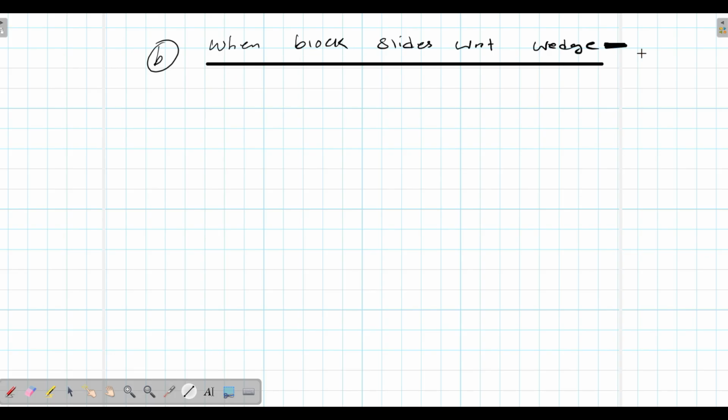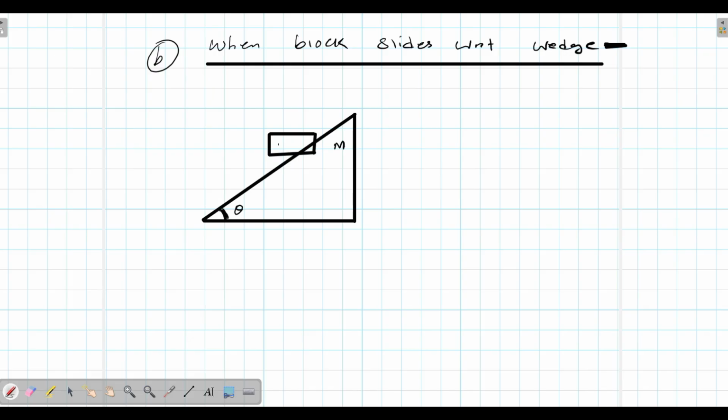Now, when the block slides with respect to the wedge. This is capital M, this is small m.